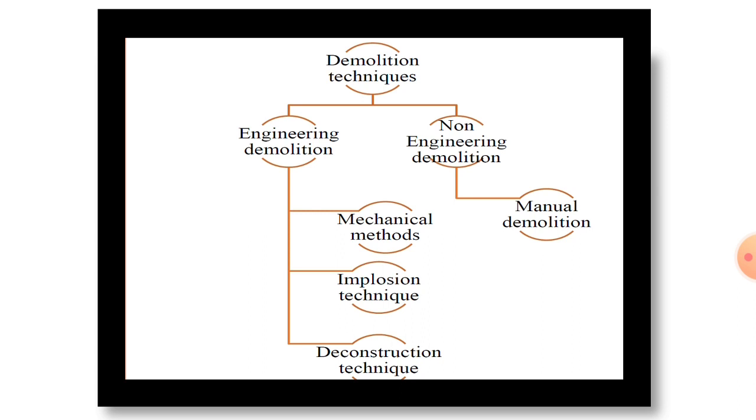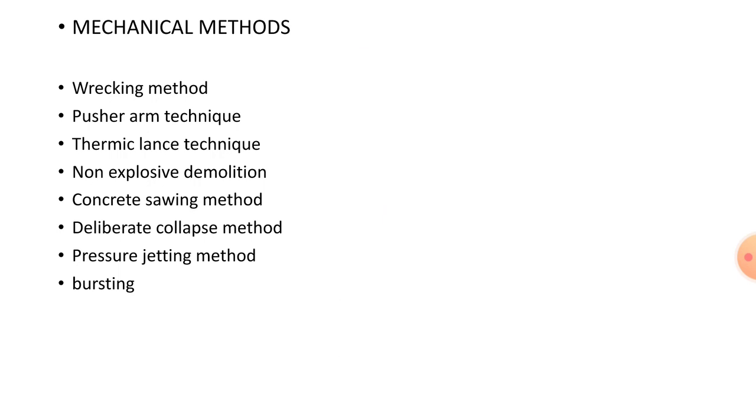We don't need any sort of judgment or any sort of procedures. In that situation you can use this, but in large structures you can't deal with non-engineering demolition. You must deal with engineering demolition, that deals with mechanical demolition, implosion techniques and deconstruction techniques. These are the techniques that are used in engineering demolition.